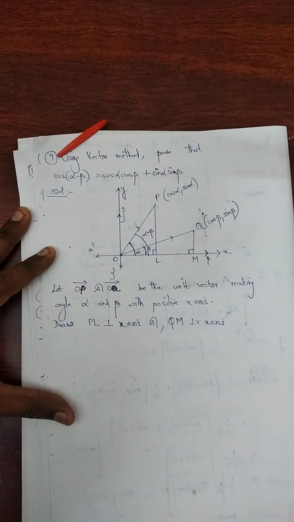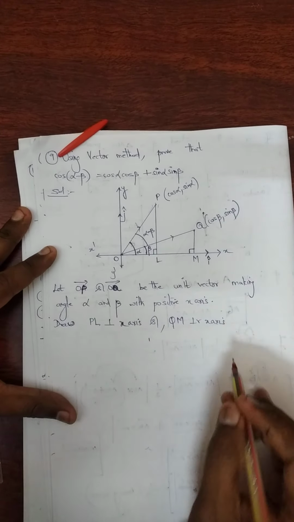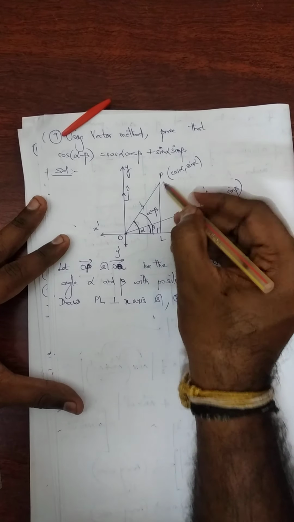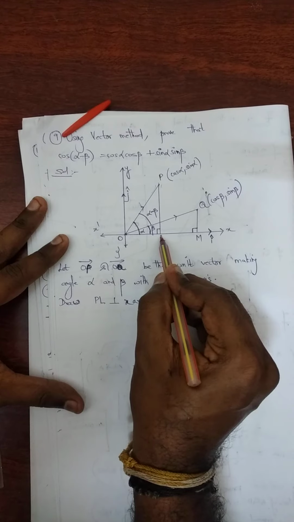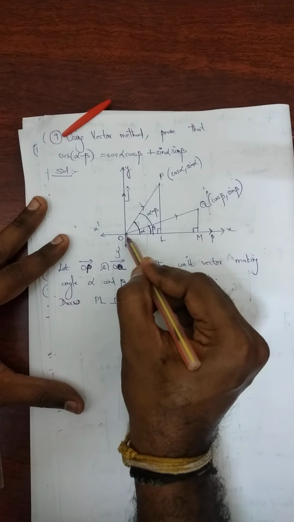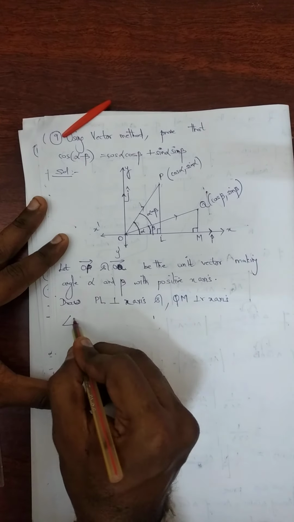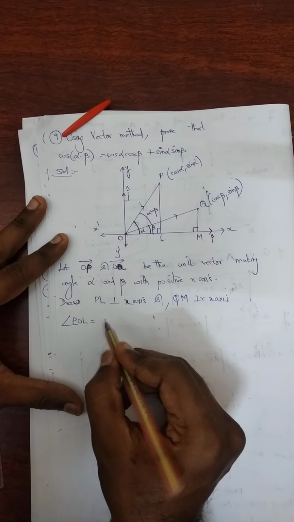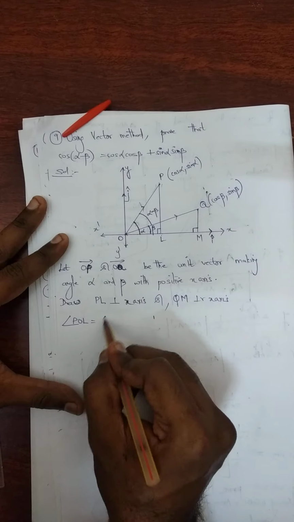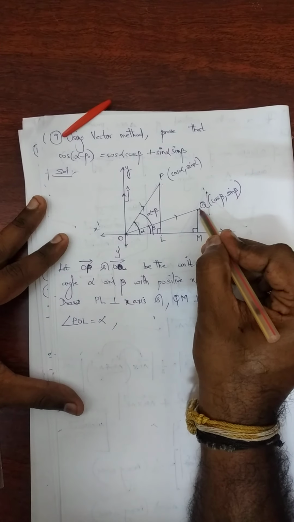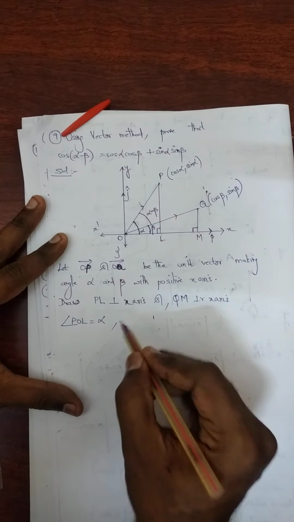Now see, I am going to differentiate the angles. Angle POL is alpha.